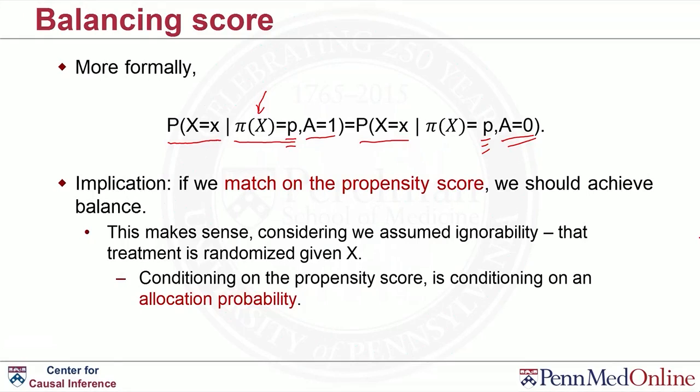So if we condition on a propensity score that's equal to 0.3, we're really in a randomized trial world where the allocation probability is 0.3, where you're going to randomly assign treatment with probability 0.3 and the control with probability 0.7. But because at that point we're in randomized trial world, we expect to have covariate balance.